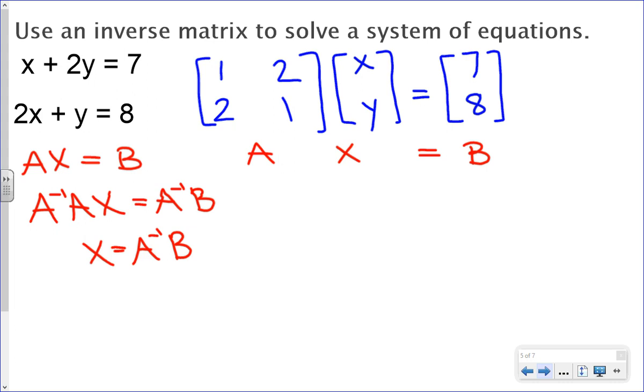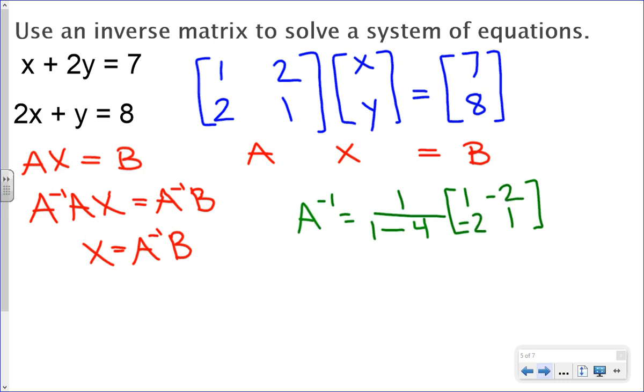So what we need to do is find A inverse. A inverse is 1 over the cross product, minus cross. We're going to switch 1 and 1 and negate 2 and 2.